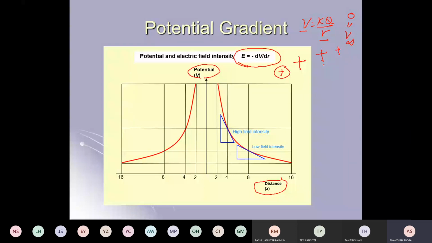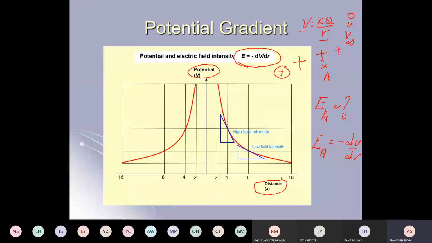At this particular point, say point A, I want you to find the electric field strength at point A. The electric field strength at point A is equivalent to the negative of the potential gradient.